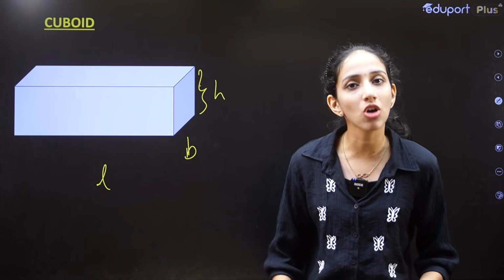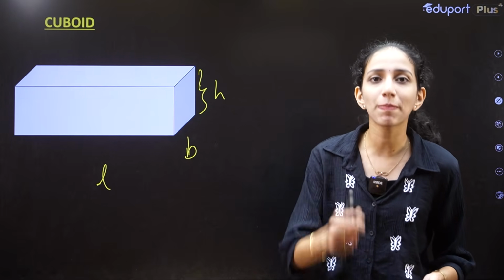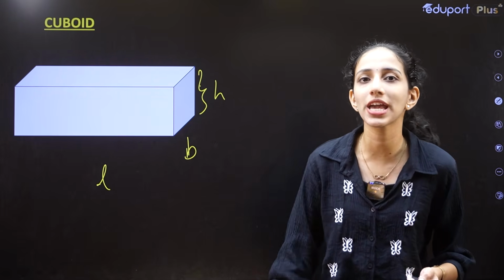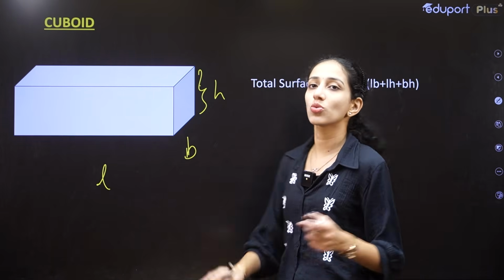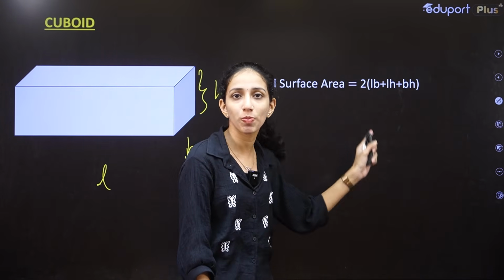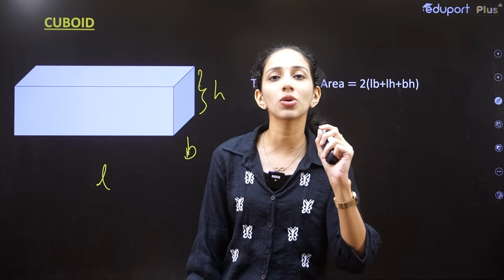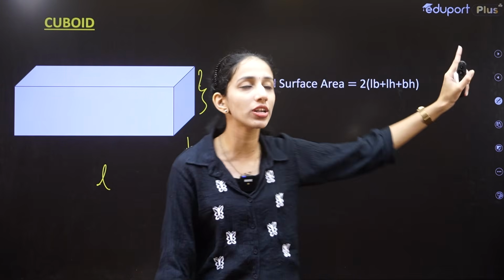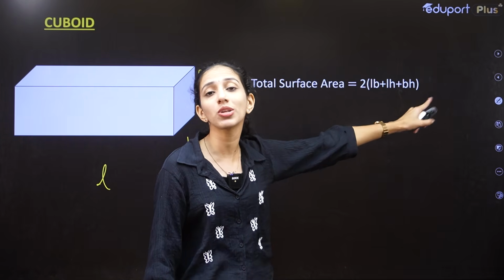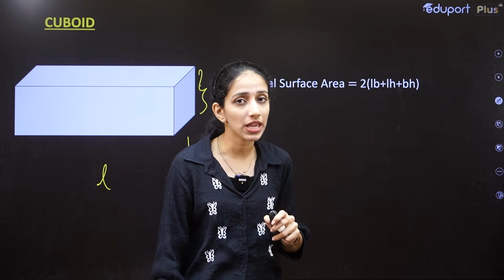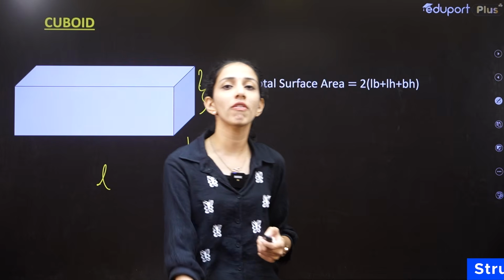So, what will be its total surface area? 2lb plus 2lh plus 2bh, that is 2 into (lb plus lh plus bh). If a cuboid has length l, breadth b and height h, its total surface area is equal to 2 into (lb plus lh plus bh). Clear?